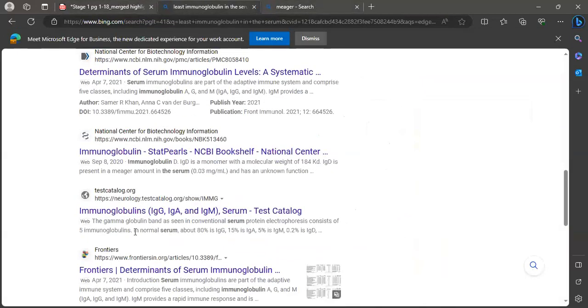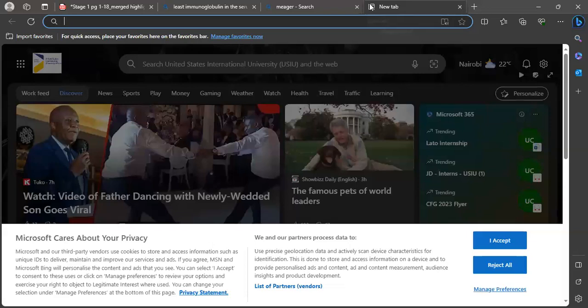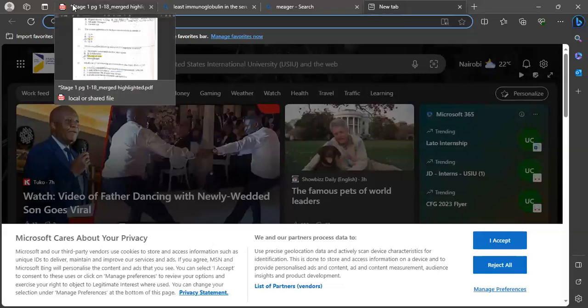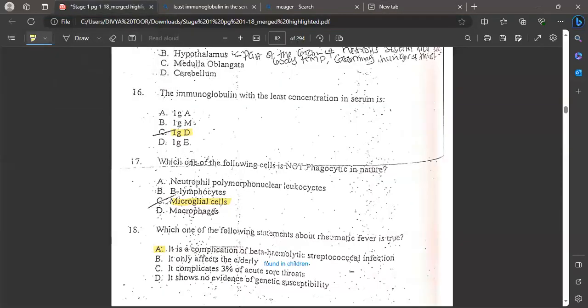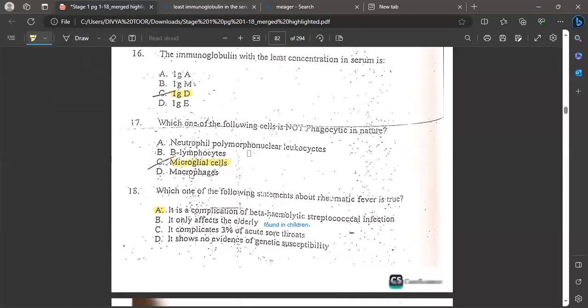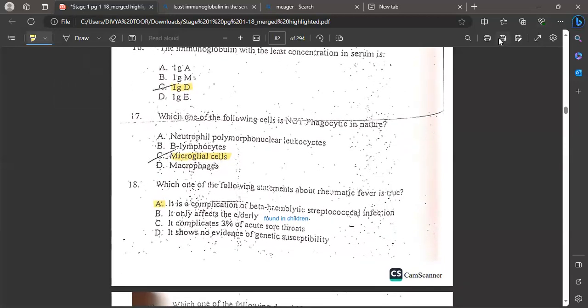That's what major means. What if I just search for us to be sure? It's IgD. Yeah, present, D. Oh, you've also confirmed from your side. Yeah, from the textbook. Someone had said it's E. All right, and then which of the following cells is not phagocytic in nature? Microglial.